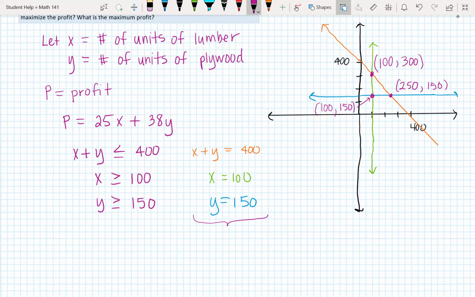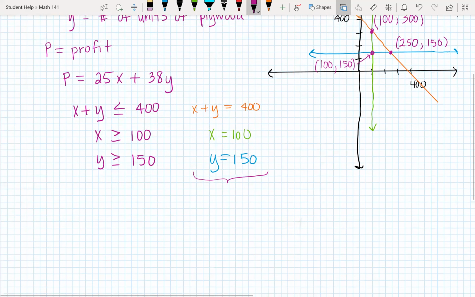So now what we do is we plug in each of those vertices to see which one gives us the maximum profit, because anytime that you have multiple constraints, the maximum or minimum point will fall at one of the intersection points.